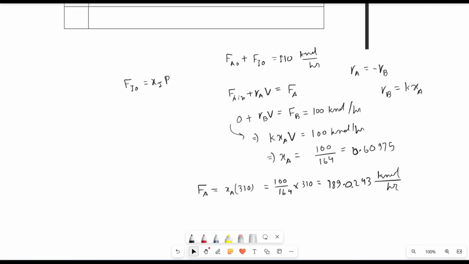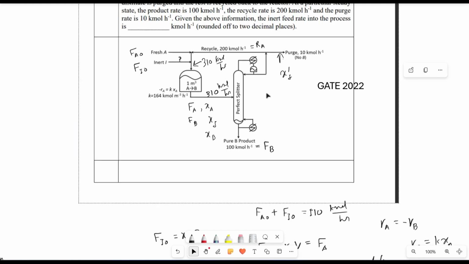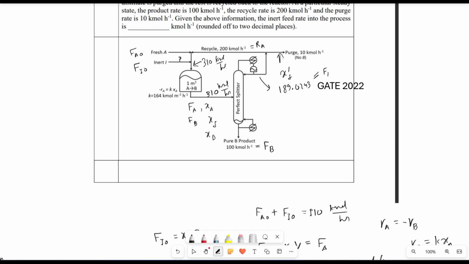This is the molar flow rate of A at the reactor outlet. Now this is perfectly recycled, so the distillate will have 189.0243 as the A flow rate. Suppose this is F A prime, and the concentration of A is X A prime.